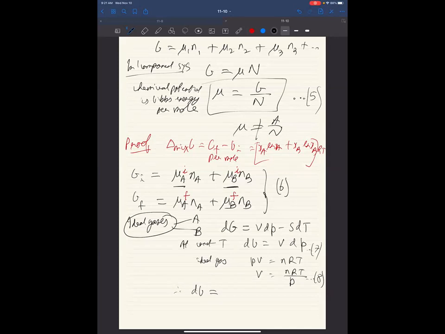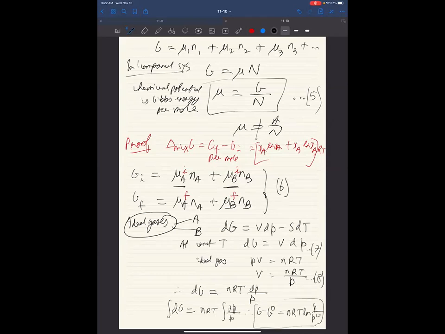So dG is going to be nRT dP by P, and T is constant. Therefore we can integrate dG. The integral of dG is going to be nRT times the integral of dP by P. Therefore, G minus G naught, some reference, is going to be nRT ln P by P naught.